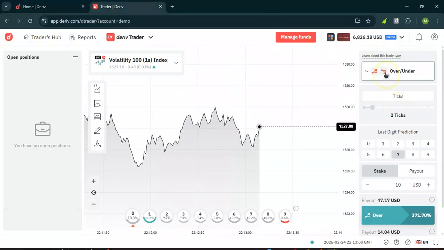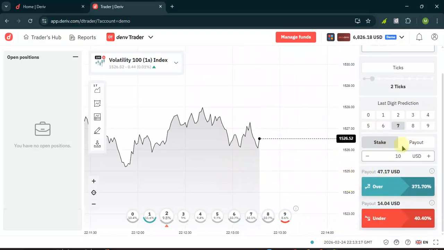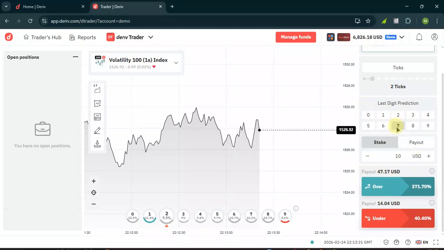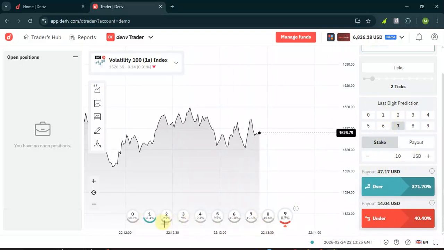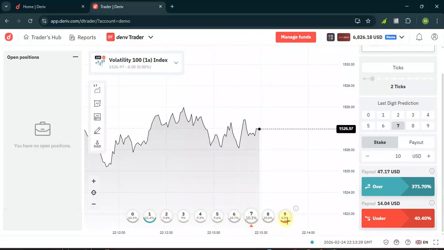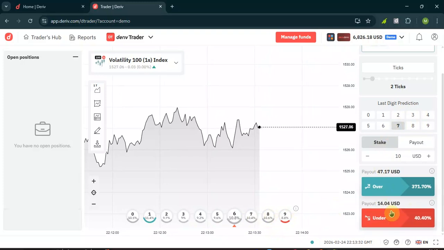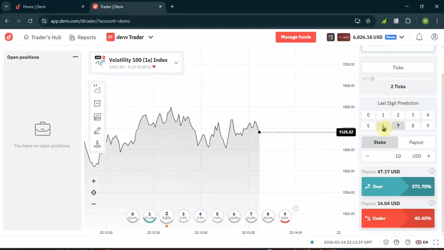What you need to do next, just open here and scroll down. To explain a little bit fast how this works, you try to predict whether this pointer will touch the numbers below or the numbers over. The numbers below are under, meaning the numbers below the number you have selected.